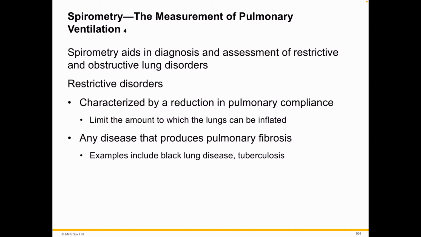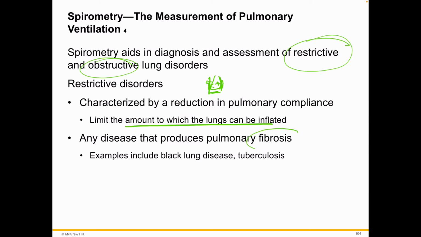Spirometry aids in the diagnosis of especially restrictive and obstructive lung disorders. Restrictive disorders are ones that don't allow the lungs to fully expand, because there's scar tissue preventing that. It limits the amount to which your lungs can be inflated, so it can't really move out beyond those points.